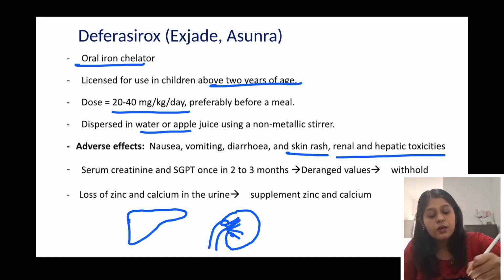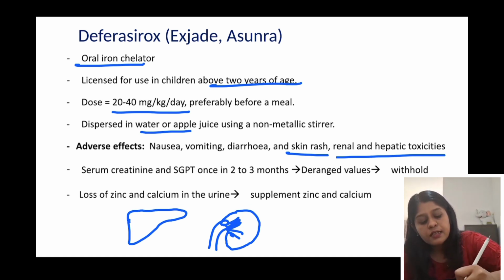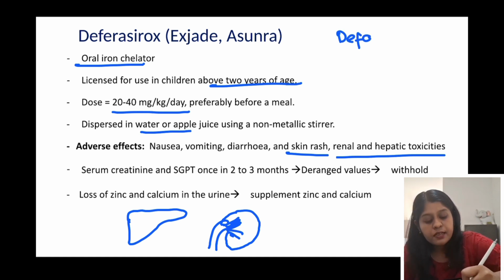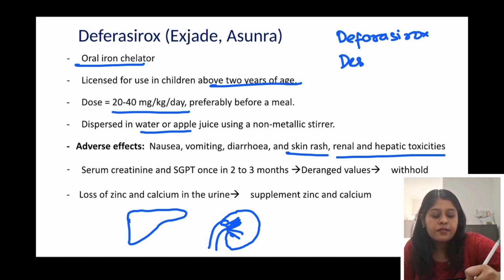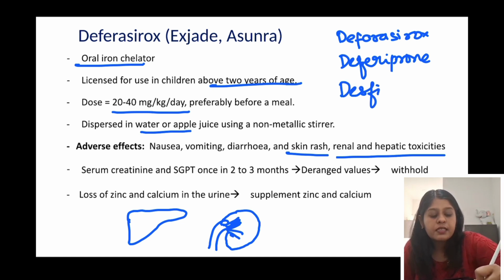So we saw deferasirox, deferiprone, desferrioxamine. So in desferrioxamine you are thinking of Yersinia. It is IV and causes local pain.